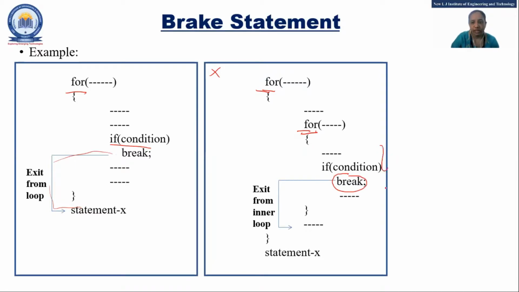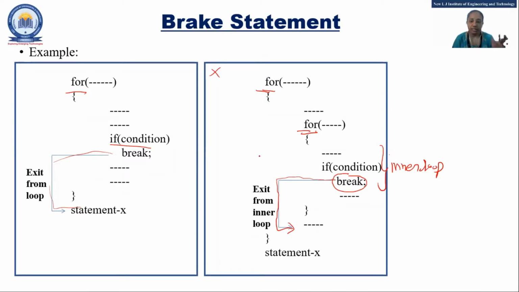The inner loop. So whenever the break is encountered, it will come out from the inner loop only. Just concentrate here: the arrow is showing it will come out from the inner loop only. That means it will stop the execution of the inner loop, and the outer loop will start from the next iteration itself.